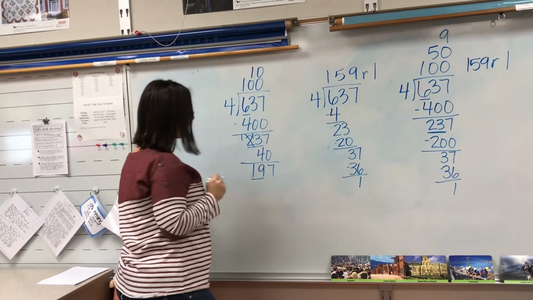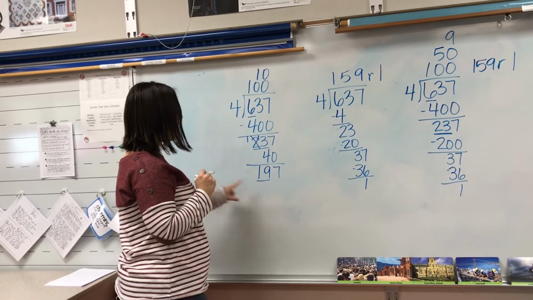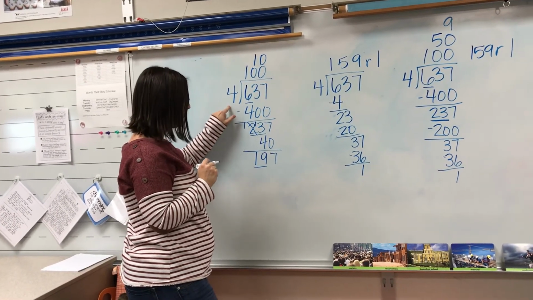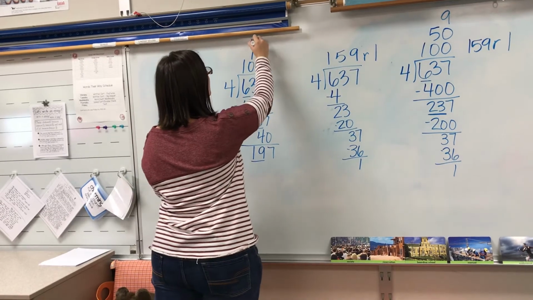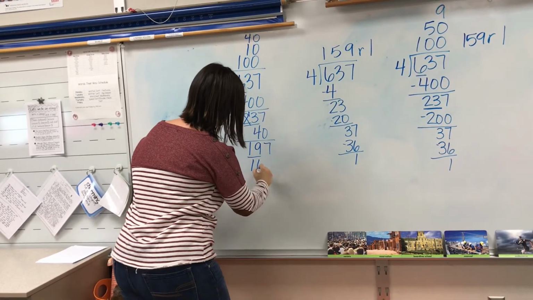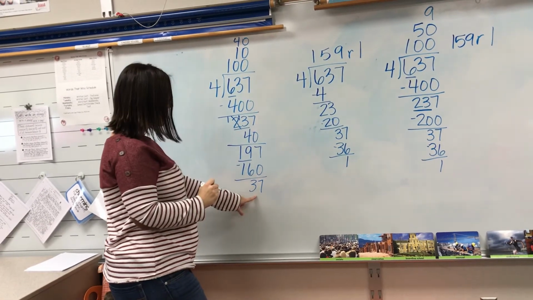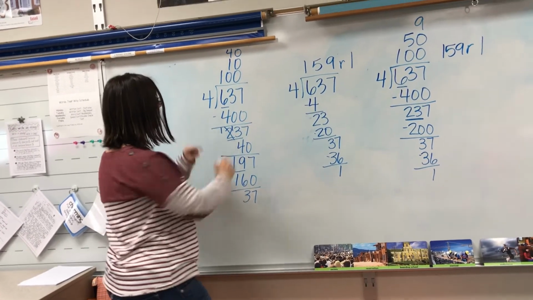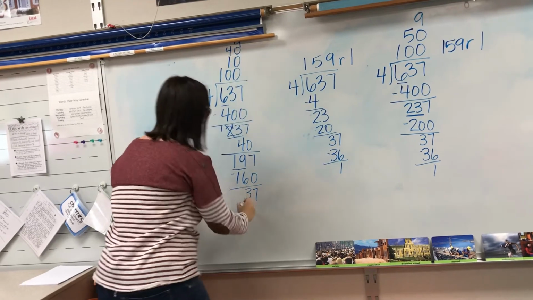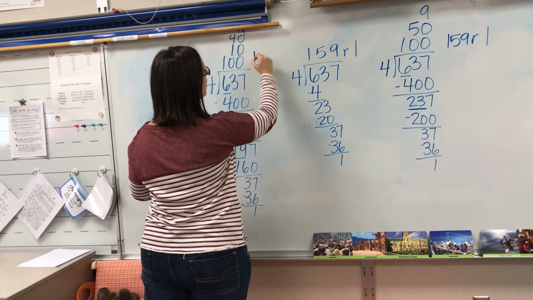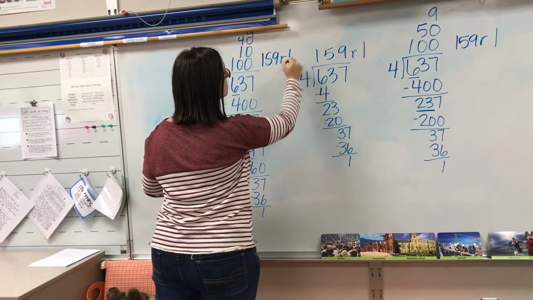They're going to look at this and go, oh, I know that 16 divided by 4 is 4, so this is going to be 40, and then I've got 37, and then 36 divided by 4, we're going to get that 9, and as you can see, they're still going to get 159 remainder 1.